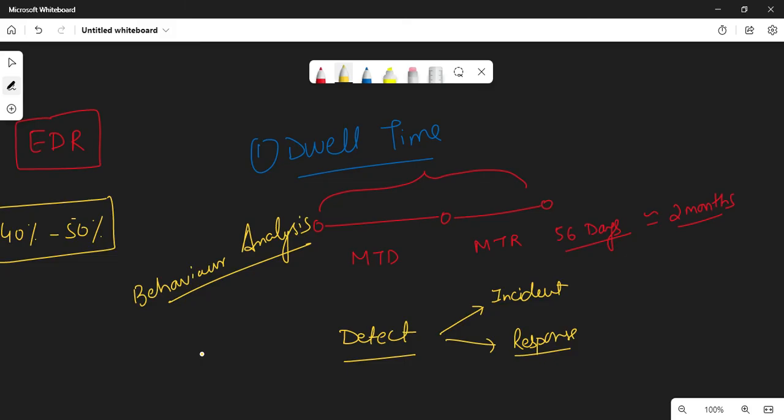So that particular behavior analysis, this sensor keeps on doing it, right? And the moment it detects any anomaly, any malicious behavior, it is going to raise the flag, or basically you can say it is going to raise the incident for that, right?